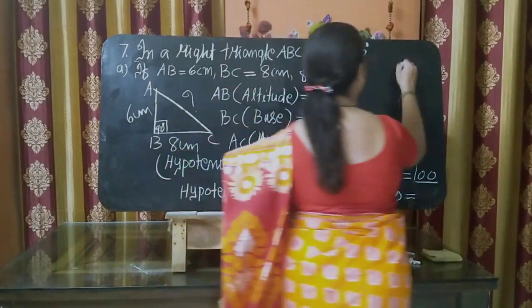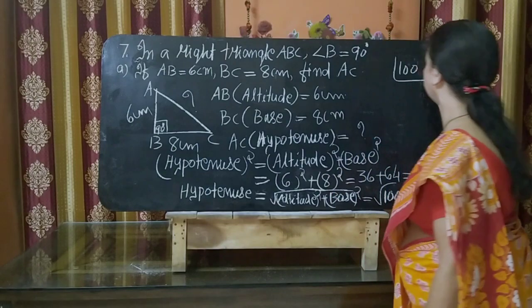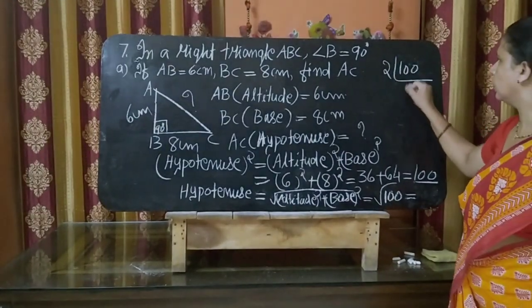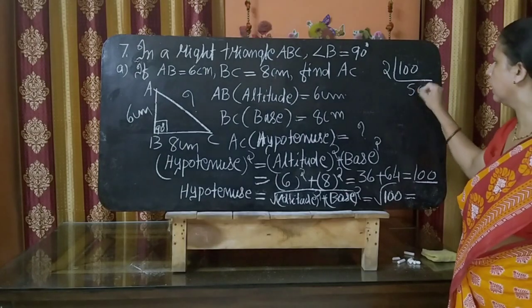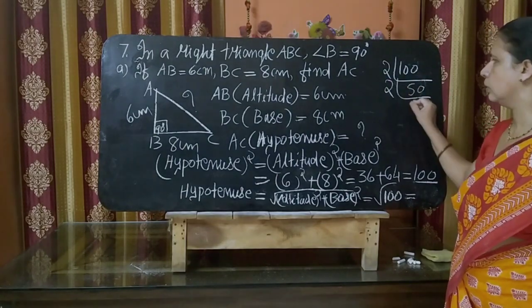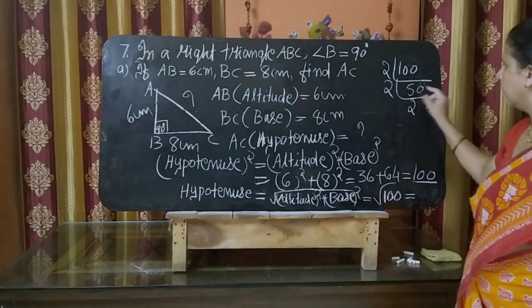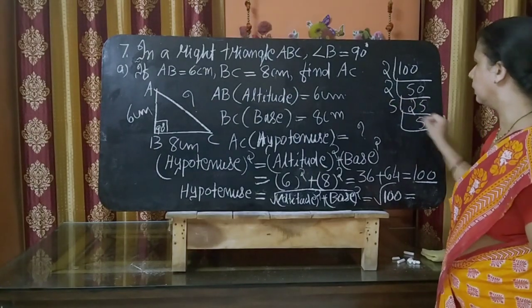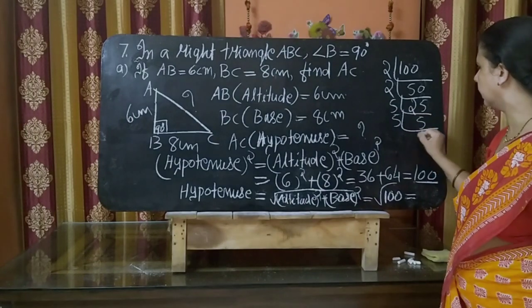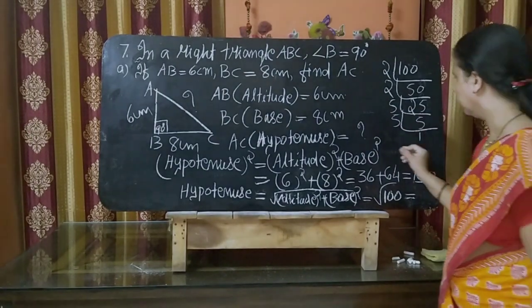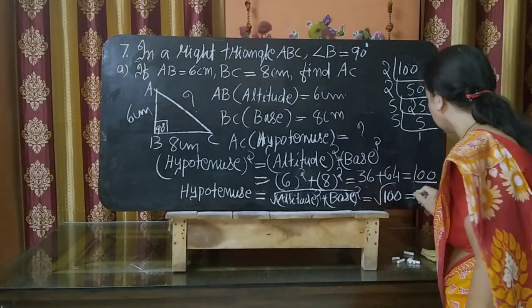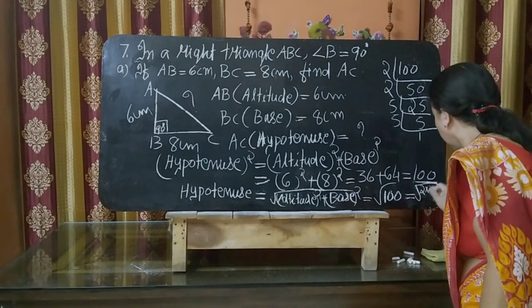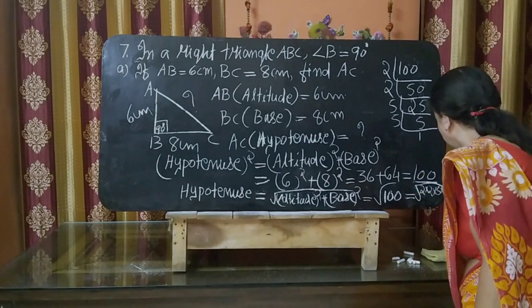You have to use the prime factorization method. 100: 5 twos are 10, take down 0. Then 2 twos are 4, then 5 twos are 10. Then take 5, 5 fives are 25. Take 5 as factor, 1 into 5, 5. Factors are square root of 2 into 2 into 5 into 5.